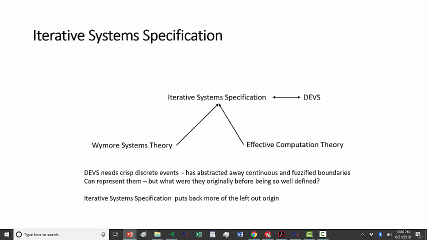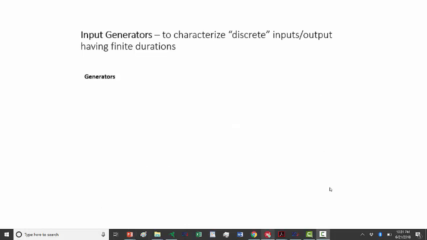But that raises the question of when the result of these kinds of definitions is well defined. And so iterative system specification allows us to put more of what has been left out in DEVS back in, and then deal with it so that we have a good formal and mathematical handle on it.